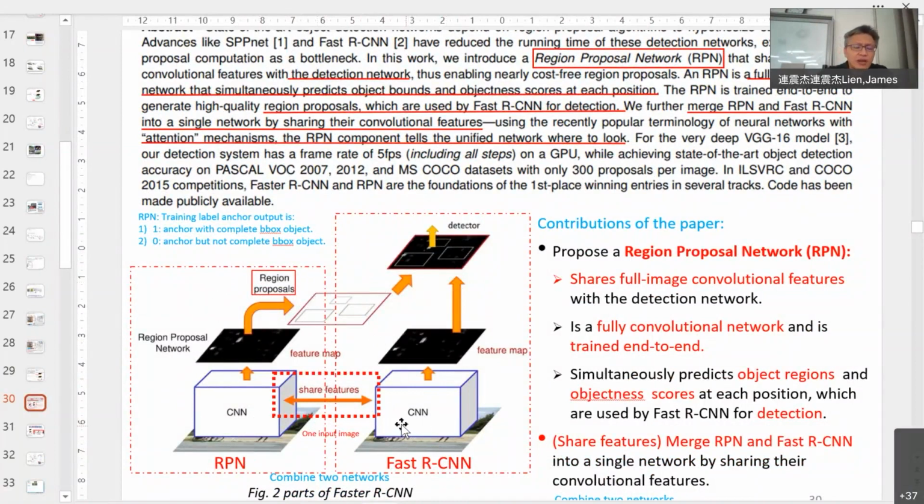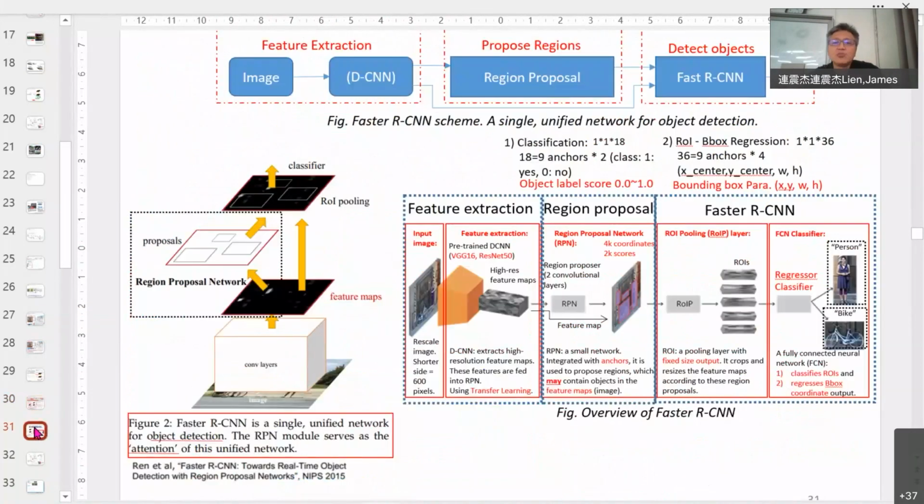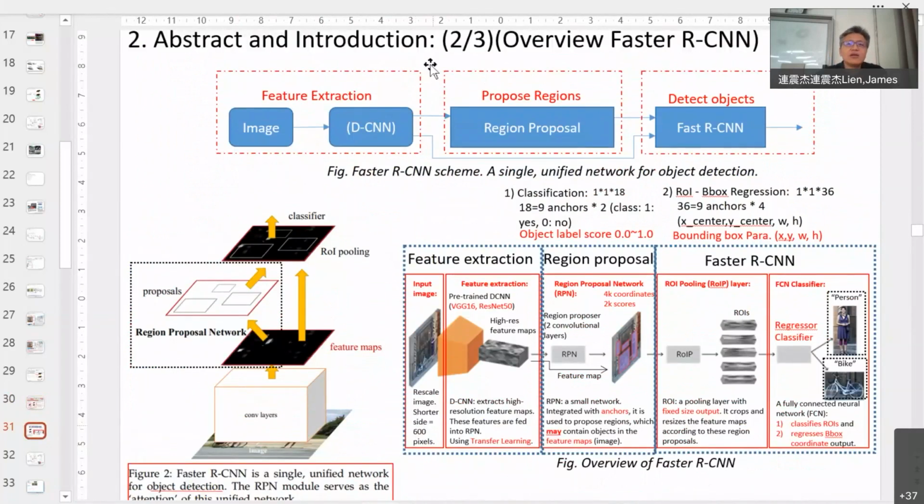The original takes just a region, then extracts features and does classification. RPN takes the entire image as input and does detection. Combined together, based on the input image we get regions and the features, and based on the regions we do classification. So this network is more complete.